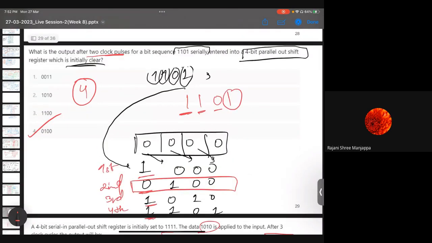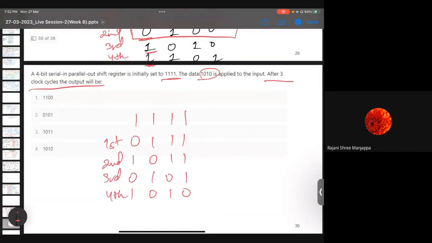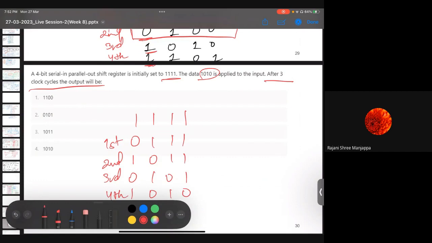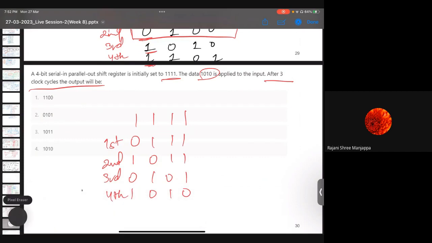Okay, previous answer this. Is it fine, Santosh? So the answer to this question, can anyone calculate? Has anyone calculated? After 3 clock pulses, the output will be this. It is coming out as 0101.